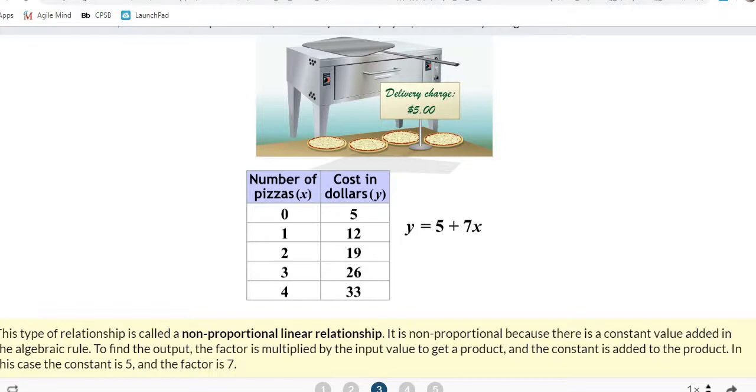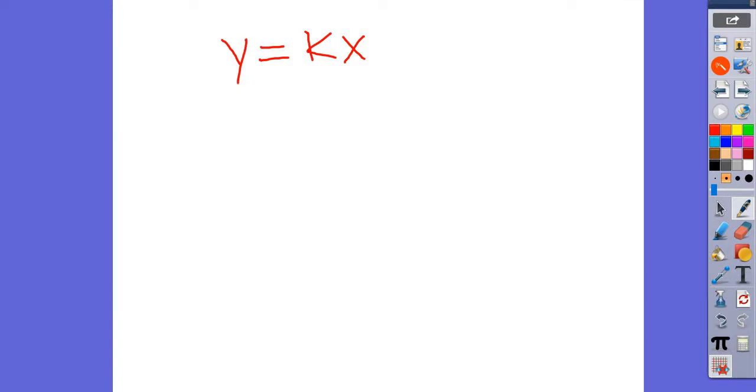So in the equation, what immediately tells me that it's not an example of a proportional equation? There's addition in the equation. This is the proportional equation form, it doesn't have any addition.